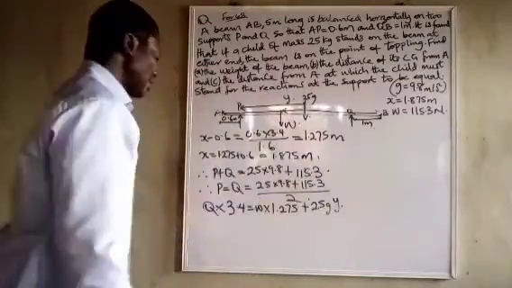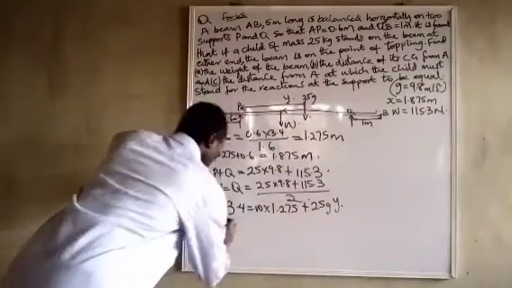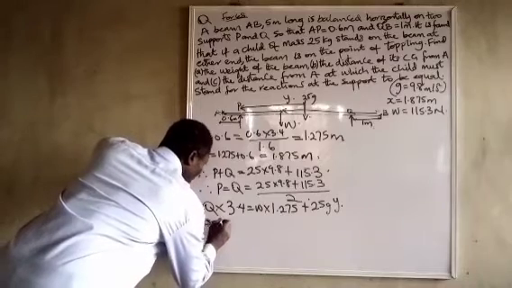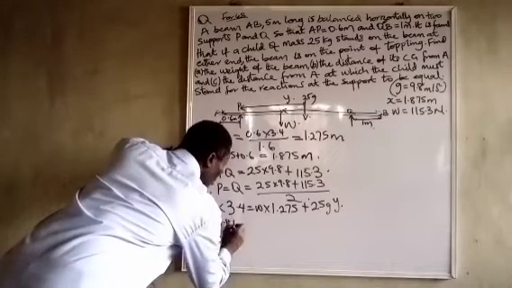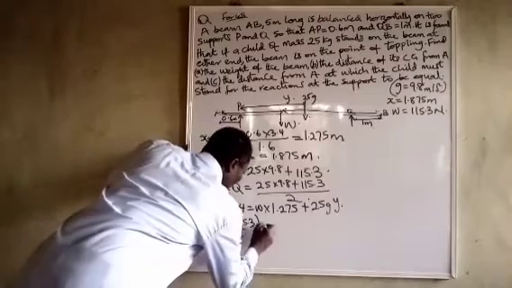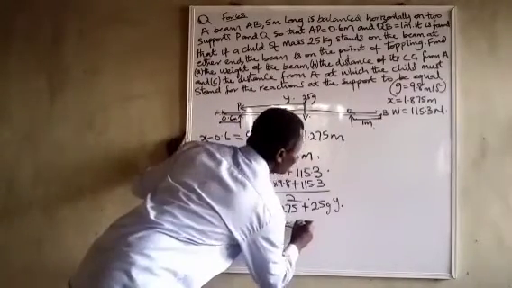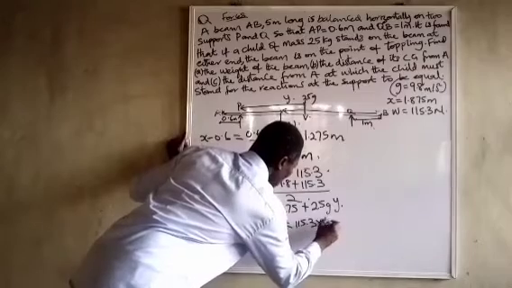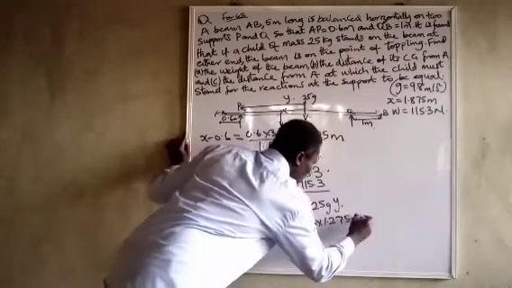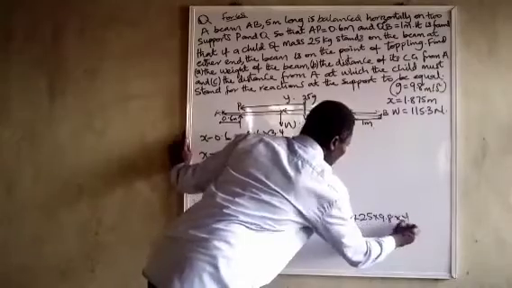And we know what our g is, 9.8. Therefore, you can now say 25 times 9.8 plus 115.3 over 2 times 3.4 is equal to 115.3 times 1.275 plus 25 times 9.8 times y.